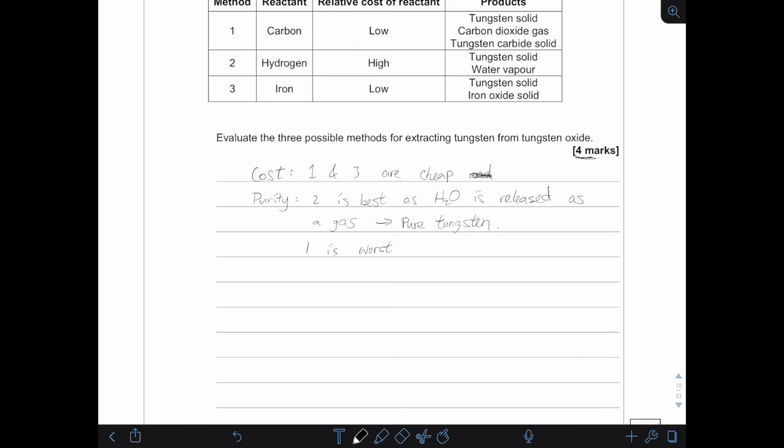because you have a mix of 2 tungsten containing compounds that are solid. Right, so separating a solid from a solid is a pain, especially when both of them contain the same thing.